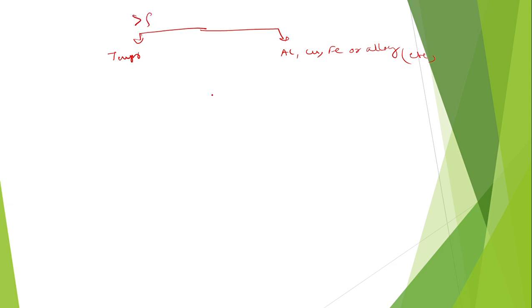We are using a conductor having more resistivity. What benefit will you get? You will get a heating effect of resistance.